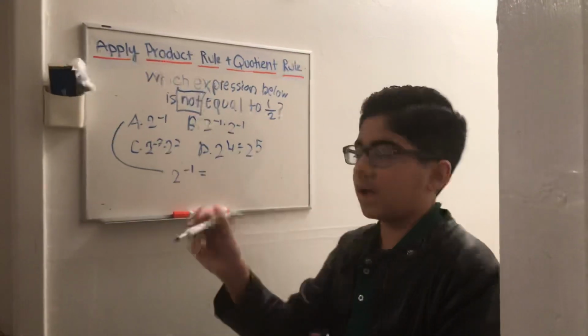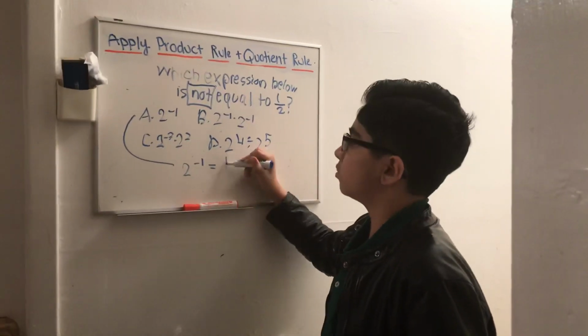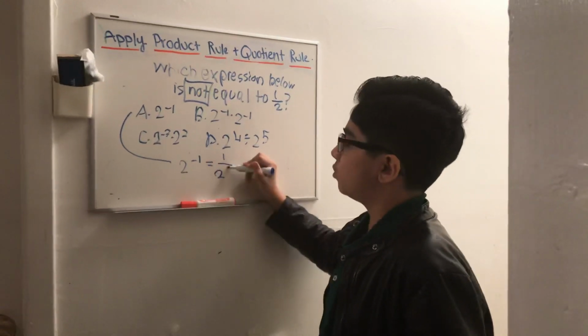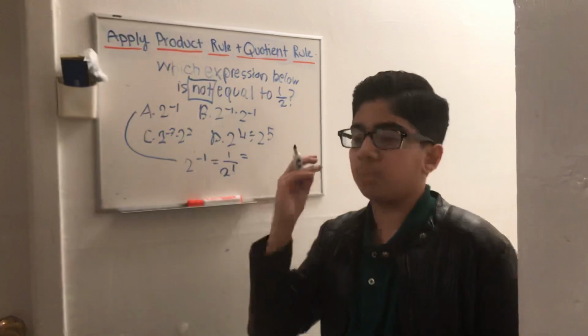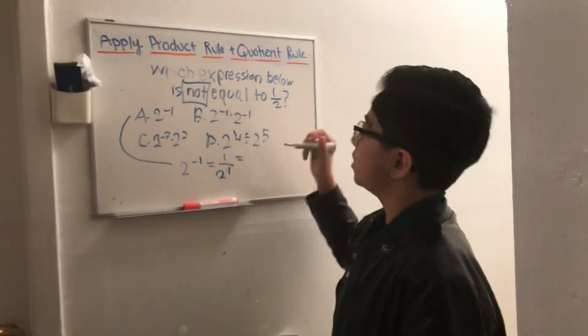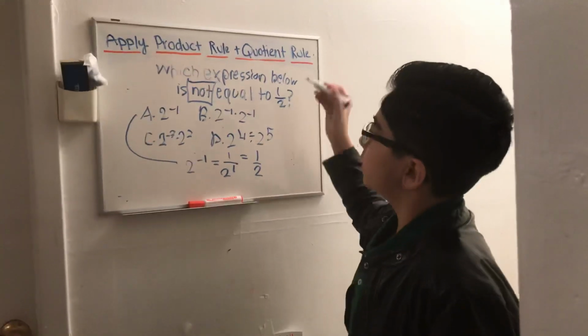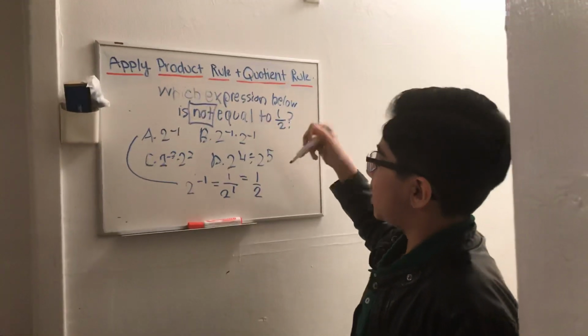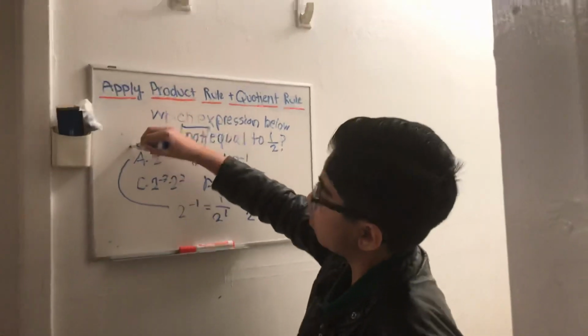So right here we have negative 1, so it would turn into positive 1. So it's 1 over 2 to the power of 1. And ultimately, 2 to the power of 1 is 2. So it is equal to 1/2. And as you can see, this is indeed equal to 1/2, so you can cross out answer choice A.